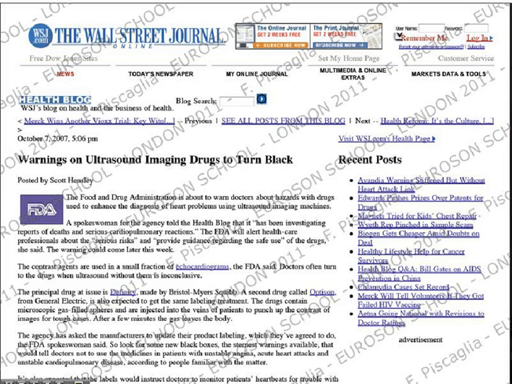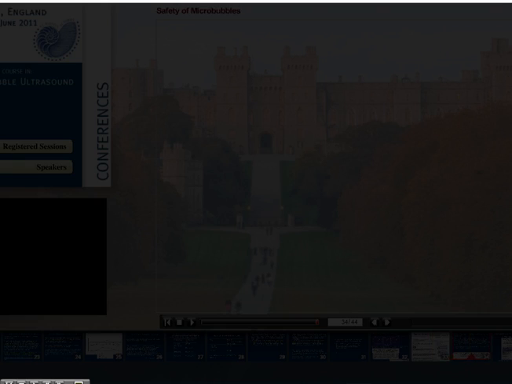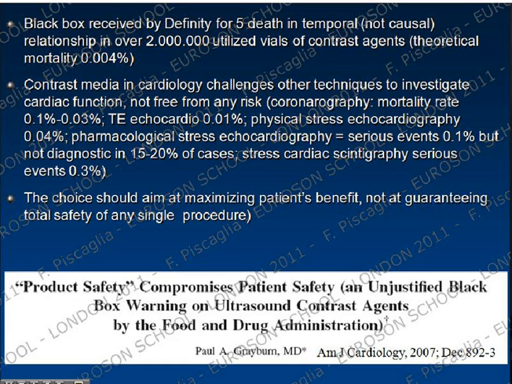This is very similar to what happened in Europe, but in the United States, again, they wanted to make a committee and investigate what was happening. But a black box at that time raised many concerns among physicians, because it was issued for 5 deaths over more than 2 million injections in cardiac patients.